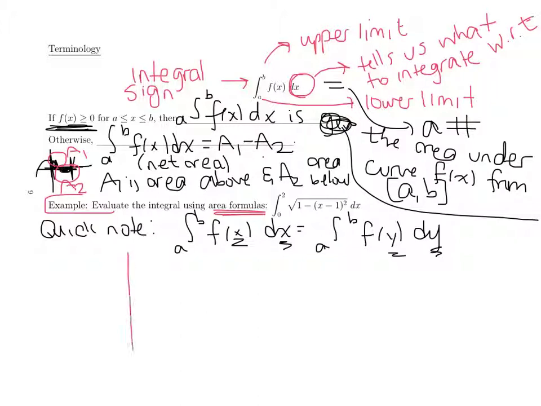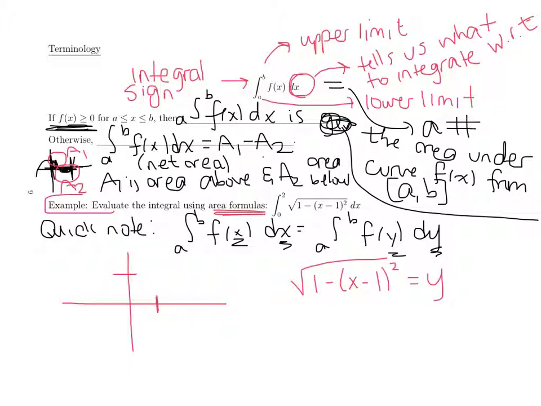So if we try to draw this picture, hopefully you maybe recognize this. It might take you a minute, but with this square root of 1 minus x minus 1 squared. If you don't recognize it, what you can do off to the side is say, if this is my y, x minus 1 squared, square root of that is equal to y.